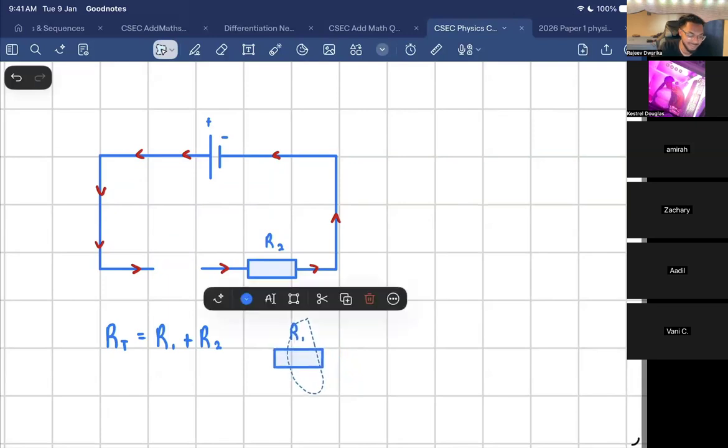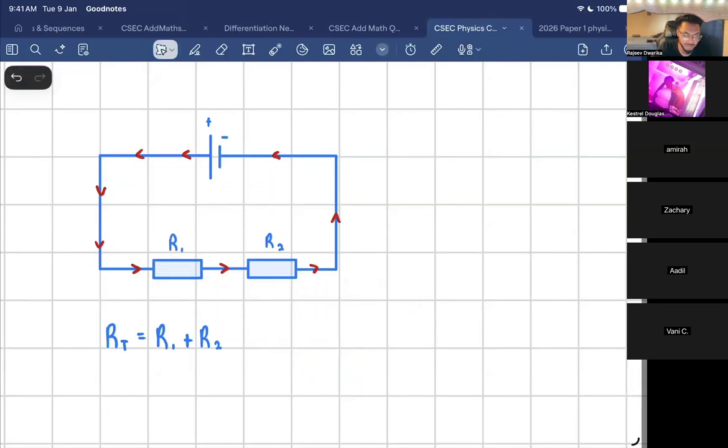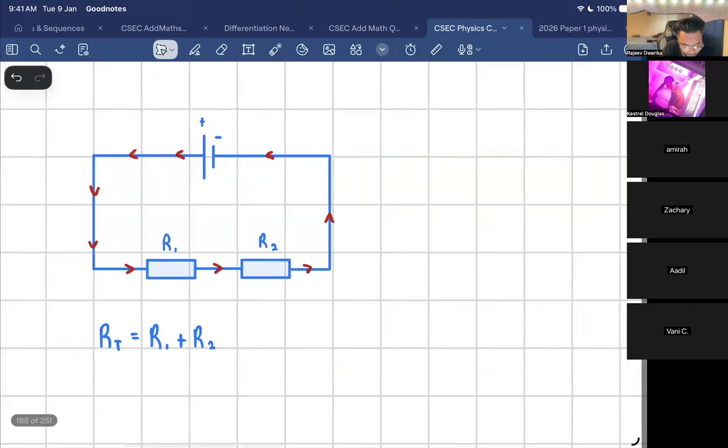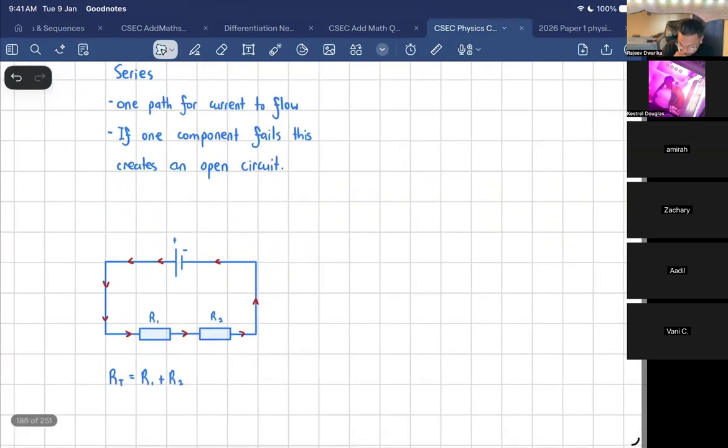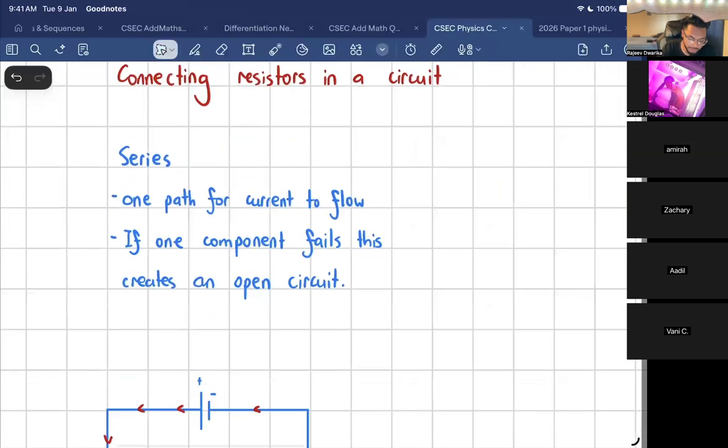You know what would happen, right? No, sir. So in a series circuit, there's only one path for current to flow. If one component fails, it creates an open circuit.